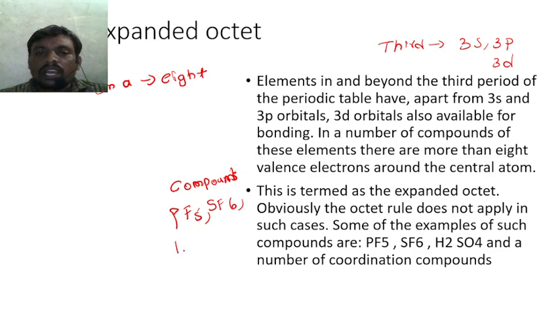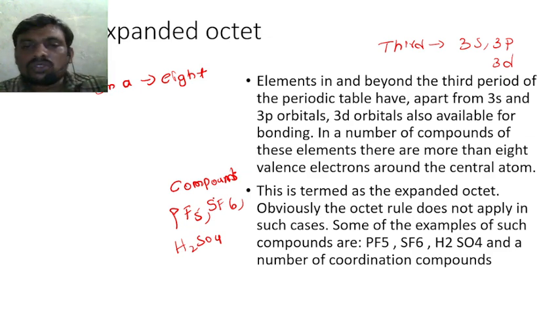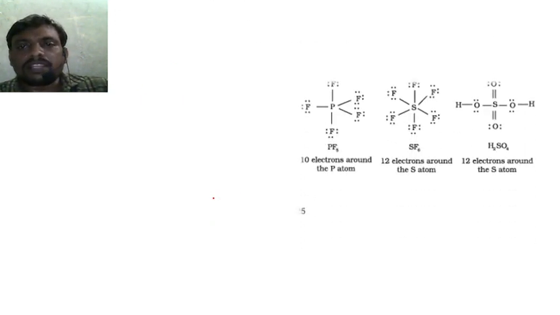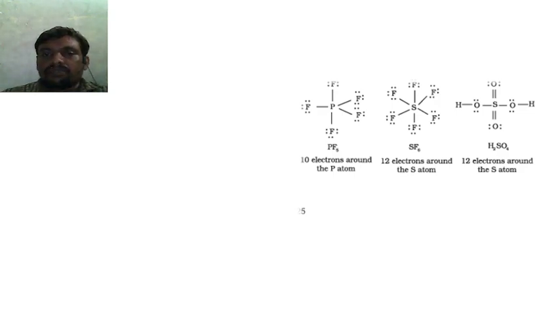SF6 is there, and H2SO4, nothing but sulfuric acid, is also there. A number of coordination compounds are also taken as examples for expanded octet. In PCl5, 10 electrons are there around the phosphorus atom.